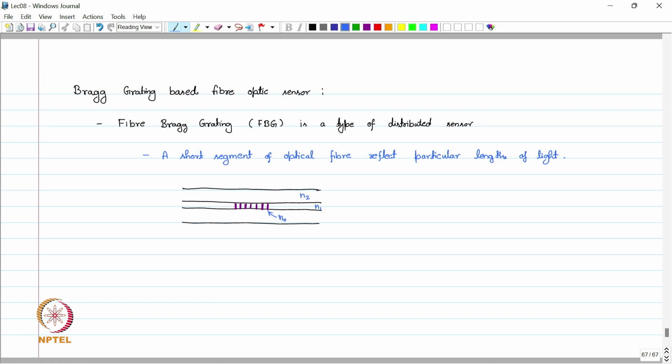So this is the refractive index of the material we use for making this grating, and the distance between these gratings is lambda. We have here core and this is cladding.